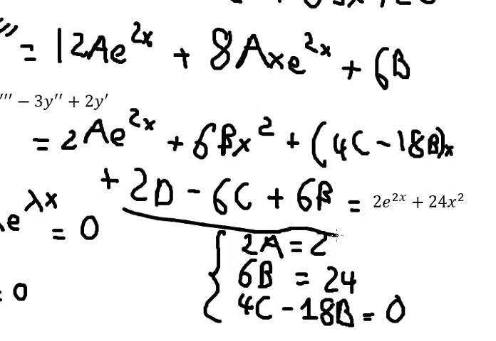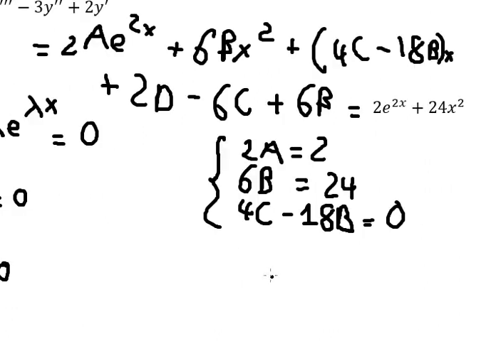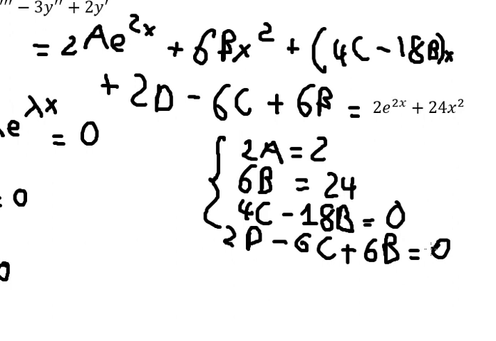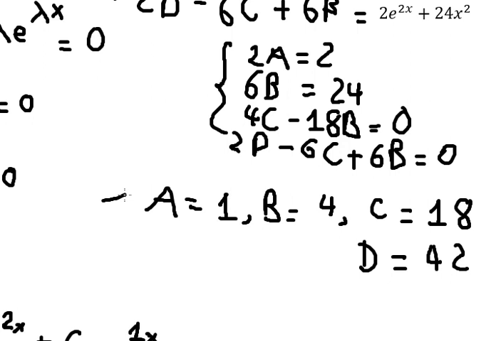And the last one we don't have the constant, so 2d minus 6c plus 6b equals to number 0. And now we need to find the solutions of a, b, c, d. So this is the answer of a, b, c, d.